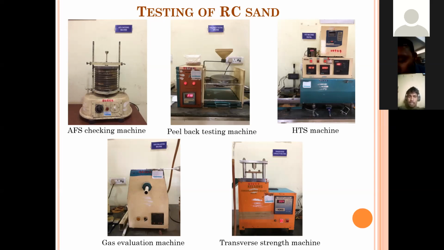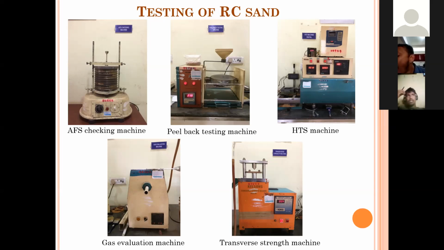Then the fourth one is the transverse strength machine. This usually indicates the tensile load of that sand.